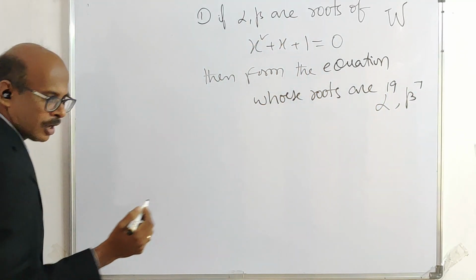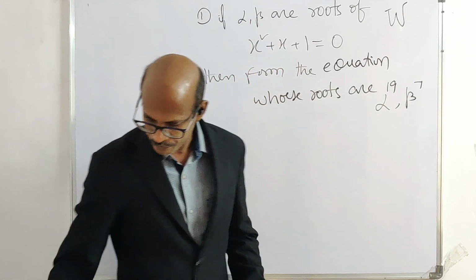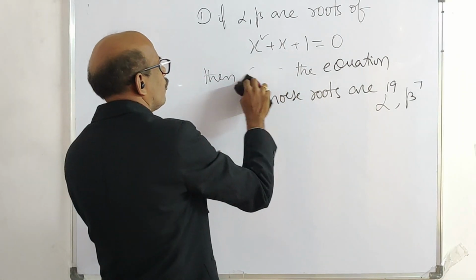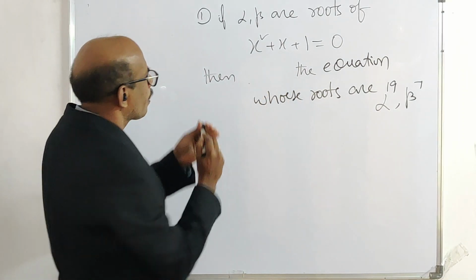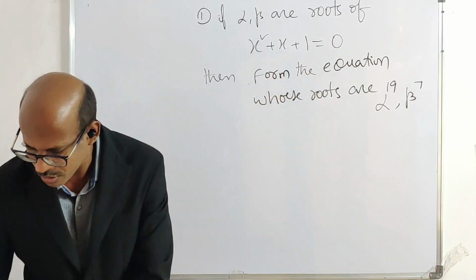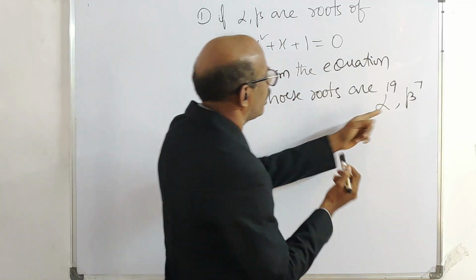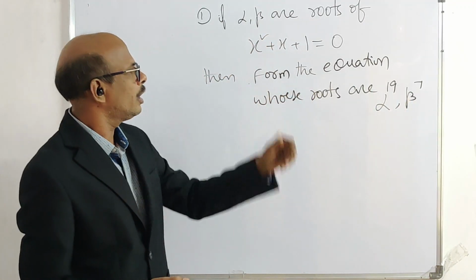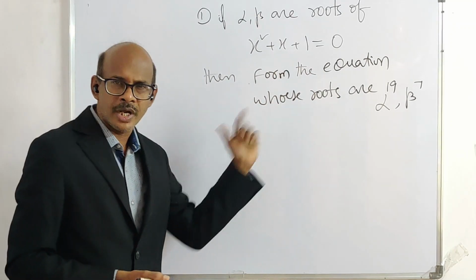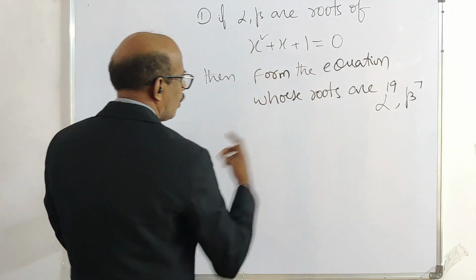I think you got my point. Alpha, beta are roots of this equation; form means formation. Form the equation whose roots are alpha power 19, beta power 7. Pause the video and try by yourself in your own style. If not, watch the video.